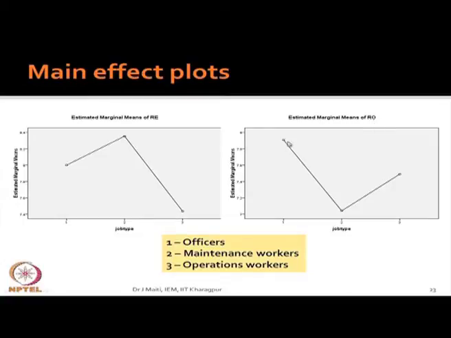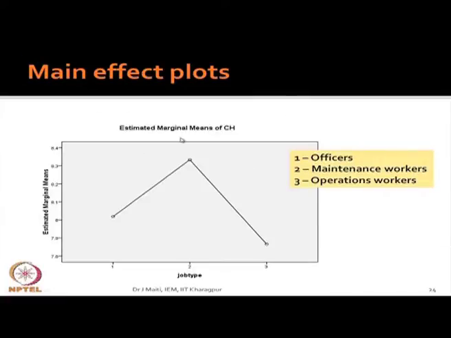Now, you see the role. From the role clarity point of view also, officers are saying that there is difficulty, but maintenance workers are saying, no, we know what to do, and operations people have a little more, but that may not be statistically significant. Now, come to change. Change again supports the concept.